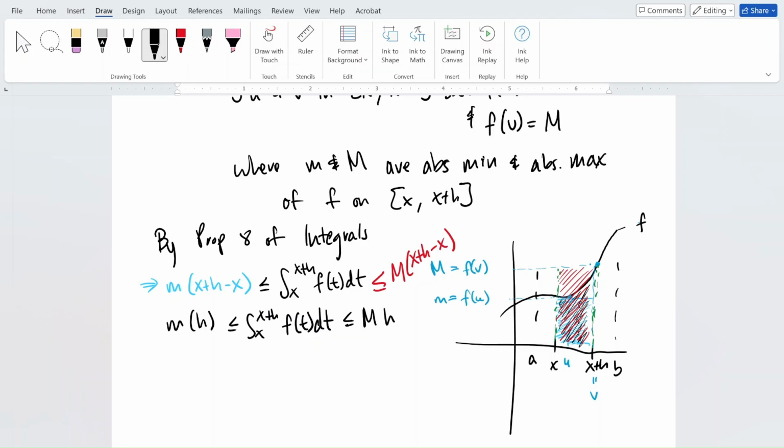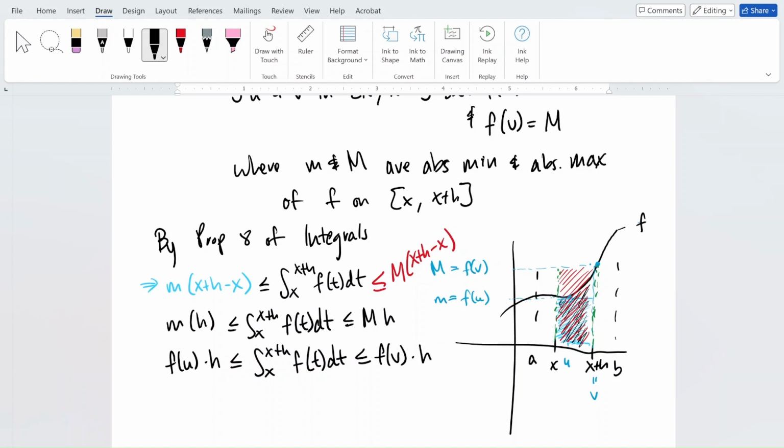And lowercase m is just f of u, so f of u times h is less than or equal to this statement in the middle, which is less than or equal to capital M, represented by f of v times this h.